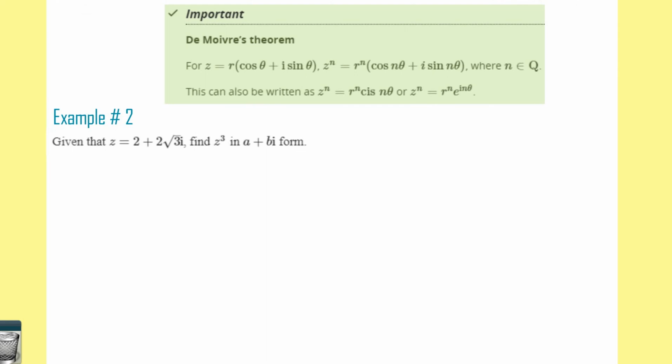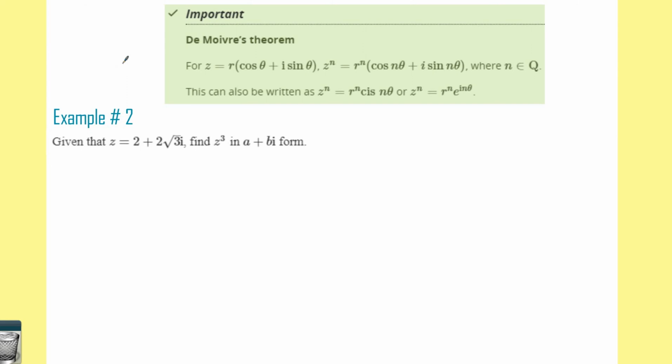Okay, so here's another example. Here we're going to go the other direction. We're going to find z cubed in a plus bi form.